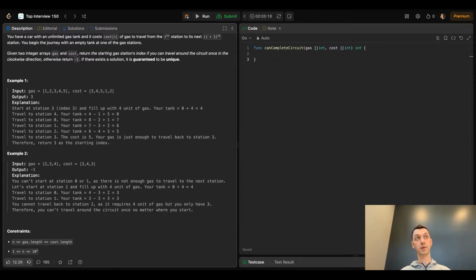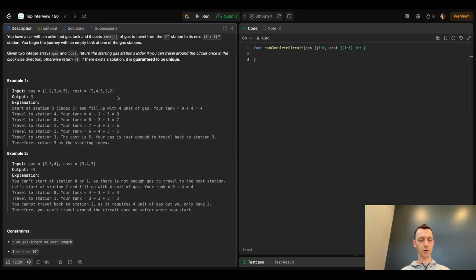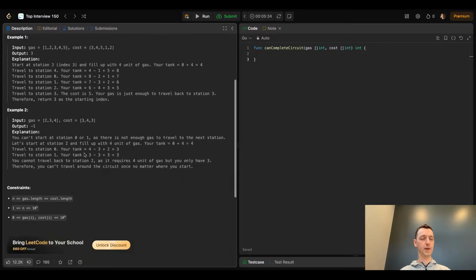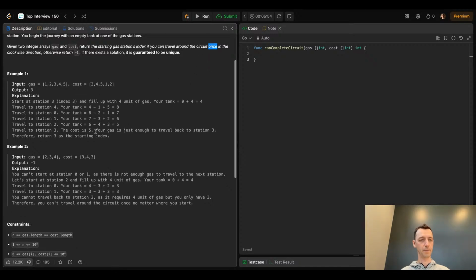So by definition, if you can make a full circle and have a positive gas tank, that means you can do it again. Okay, now I see. Because you can repeat the same thing. So basically the problem would be when you cannot do the full circle. You can travel around the circle once, because otherwise you can travel as many times as you want.